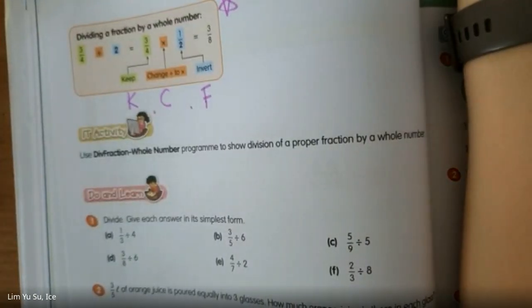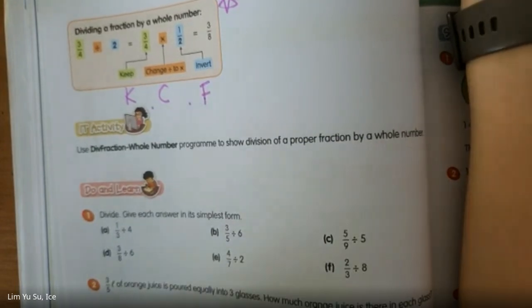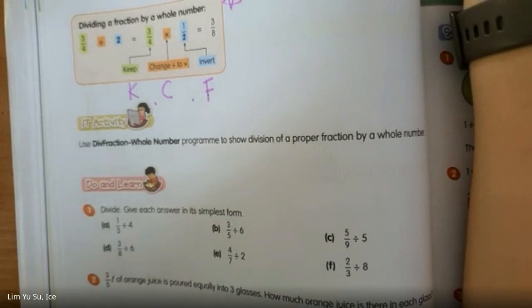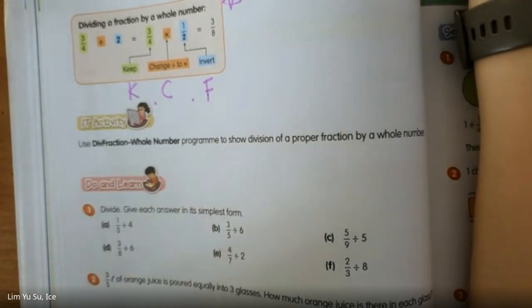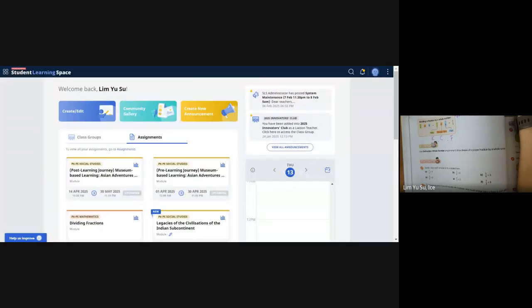So the first homework is in your worksheet. I'll tell you more about the worksheet pages. The next homework is here on SLS.